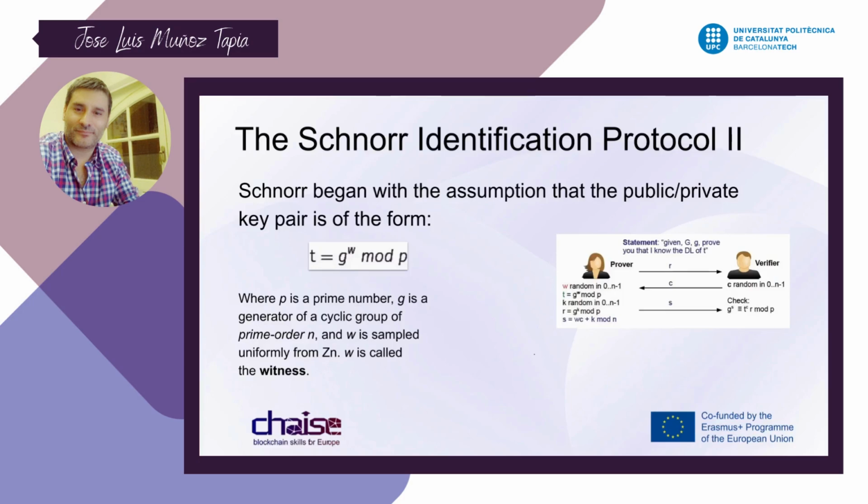The prover wants to prove that she knows a secret value, let's call this secret value W. W is what we also call the witness. It is something known only by the prover.